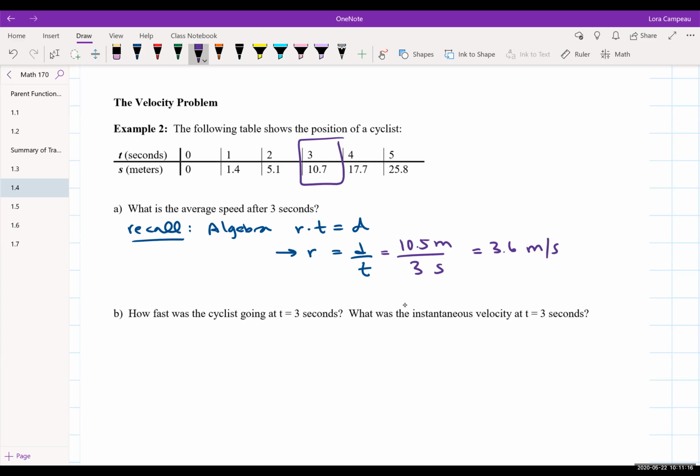Now, you have to make sure when we're going through these, talking about average speed versus instantaneous velocity, we'll get to that in a little bit. The cyclist was not going 3.5 meters per second the entire time. Sometimes they had to slow down. Could be wind resistance, could have hit a rock, could have had to stop for a little bit to let someone cross. So this is just the average as we go.